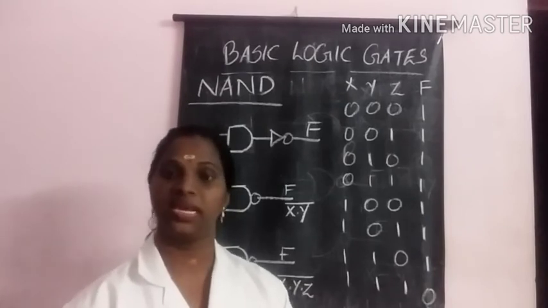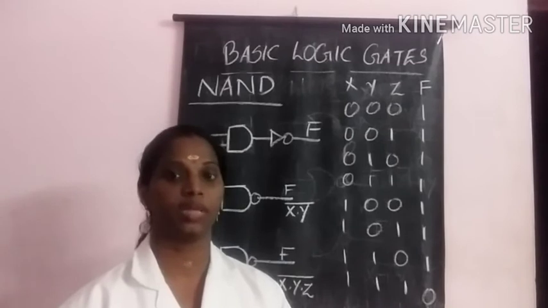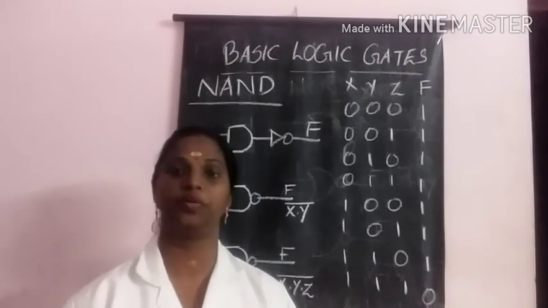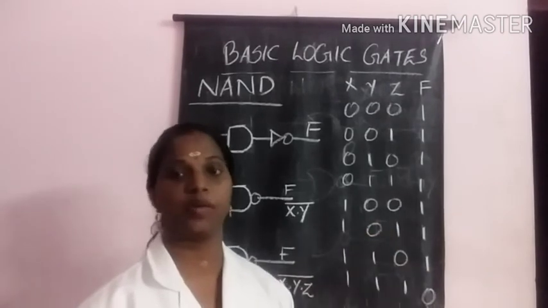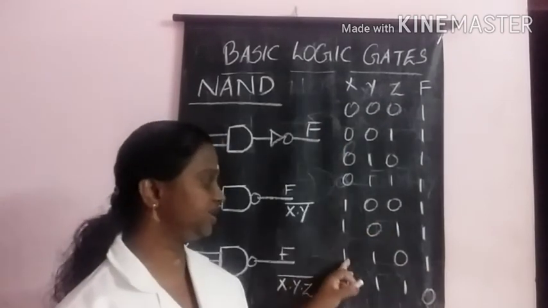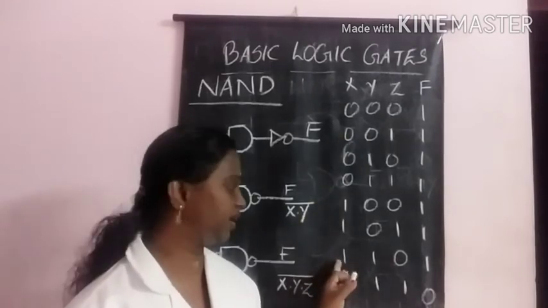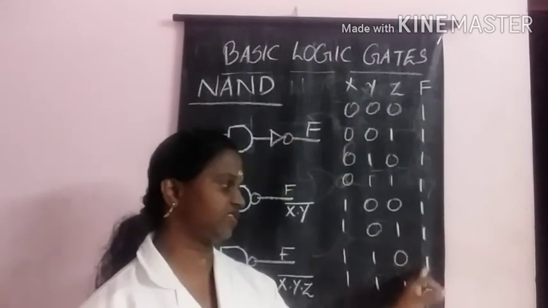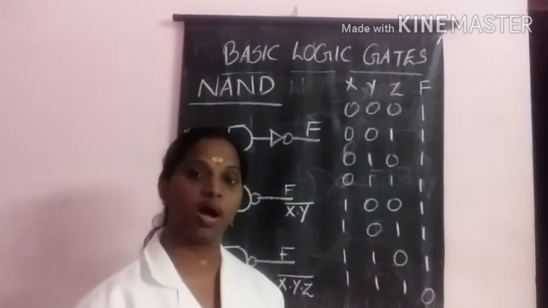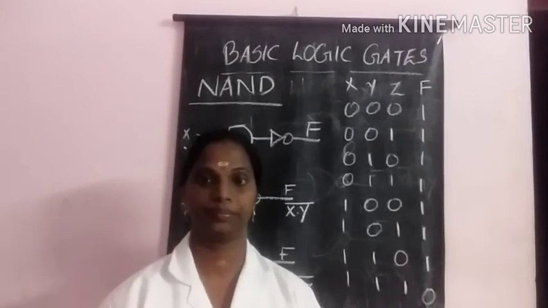See children, in a NAND gate, if any of the inputs is low, then the output is high. All these combinations contain one low input, that's why the output is high, and we get a low output only when all the inputs are high.